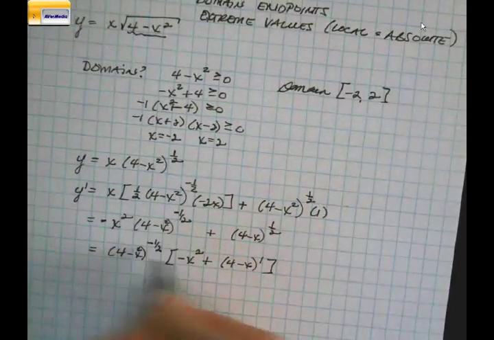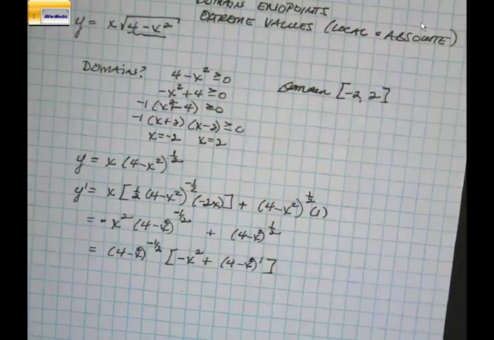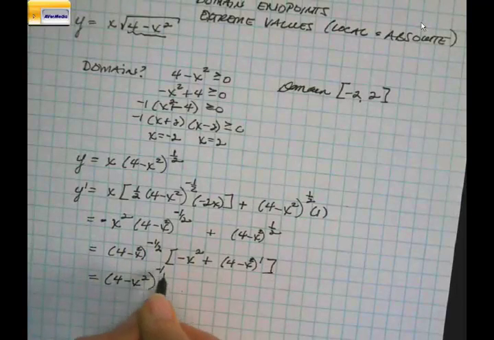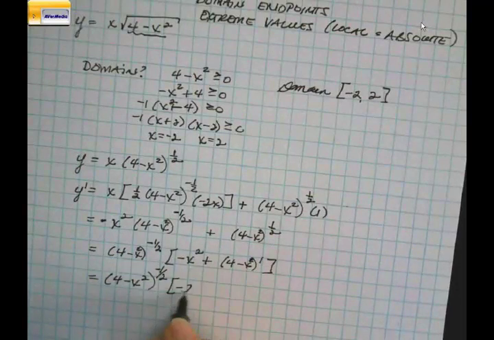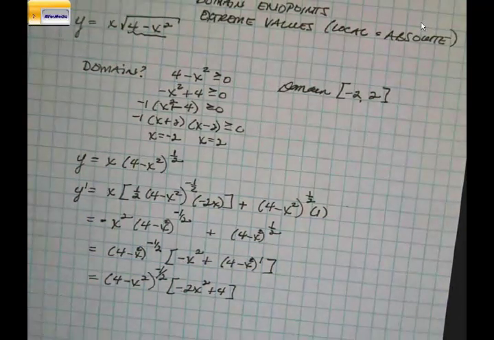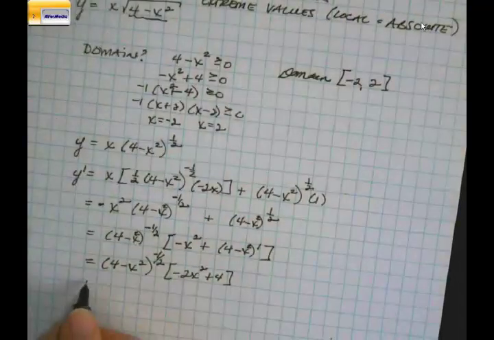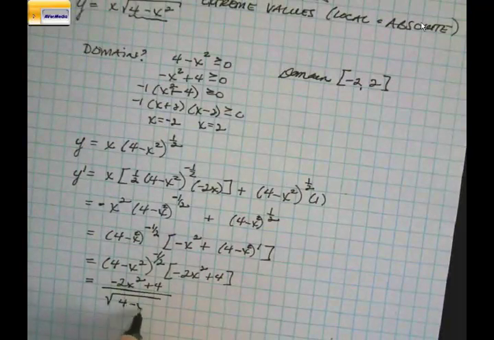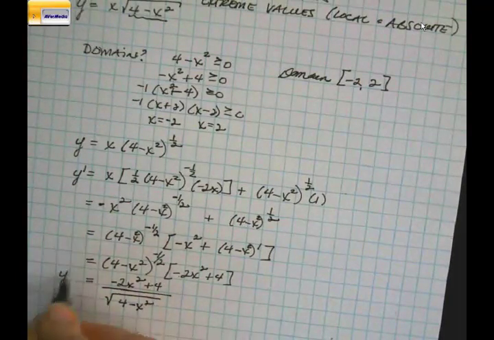Yeah, little twos on here. So this becomes 4 minus x squared to the negative 1/2 times negative x squared minus x squared, so this is negative 2x squared plus 4. So, are we ever going to get to the end? Negative 2x squared plus 4 over the square root of 4 minus x squared. This is your first derivative.